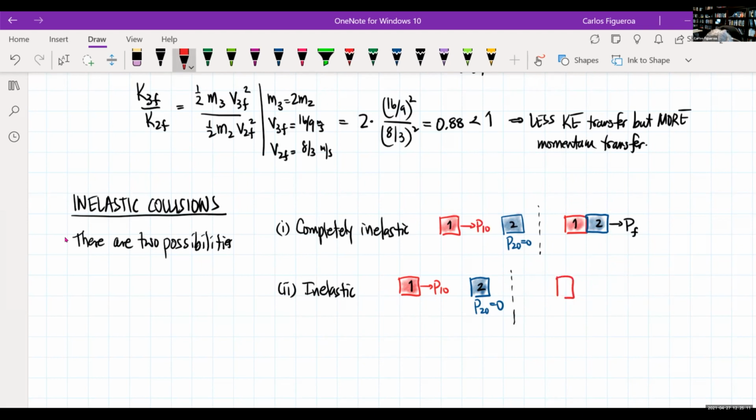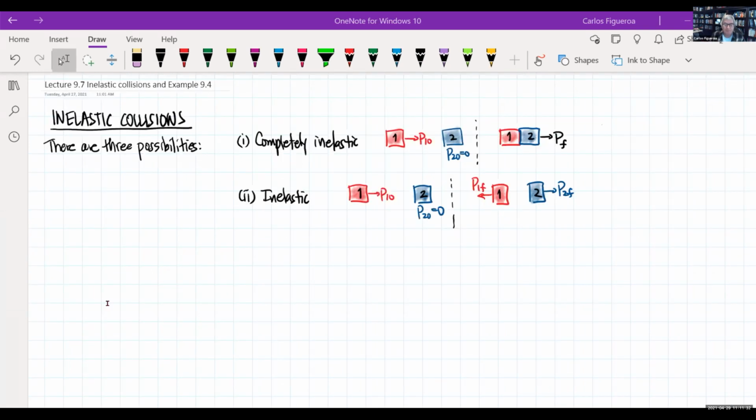But all we know in the end is that this guy's moving like that, and this other one is moving, let's say, like this. And the thing that's special about this is that there is no energy conservation.